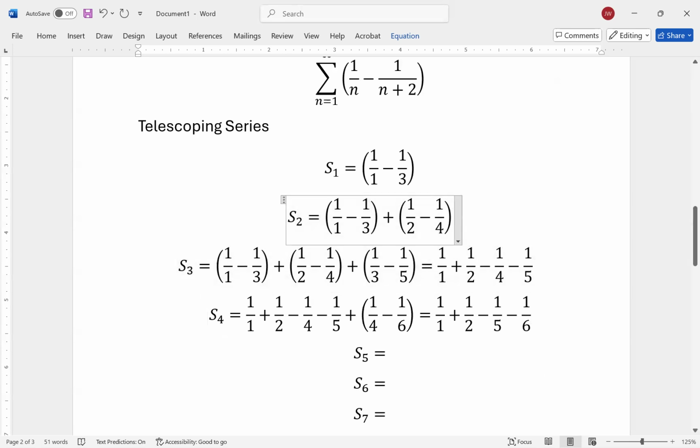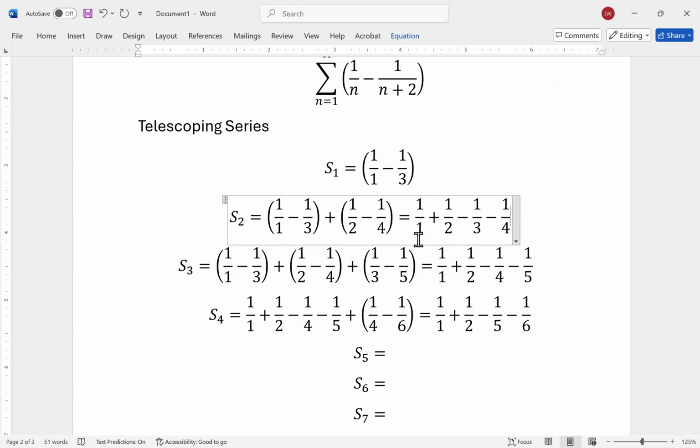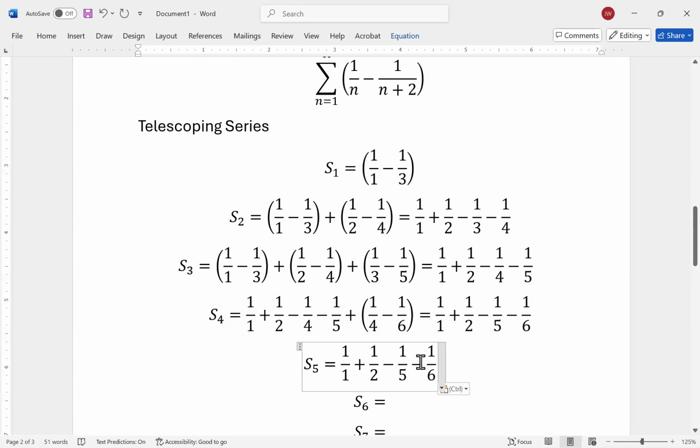Notice that was the pattern here. We had 1 over 1, plus 1/2 minus a third minus a fourth. And then in the third term, it's minus a fourth minus a fifth instead. In the fourth term, I got minus a fifth minus a sixth. In the fifth term, I'm going to take this result, that's the sum of the first four terms, and then add 1/5 and then subtract 1/7.